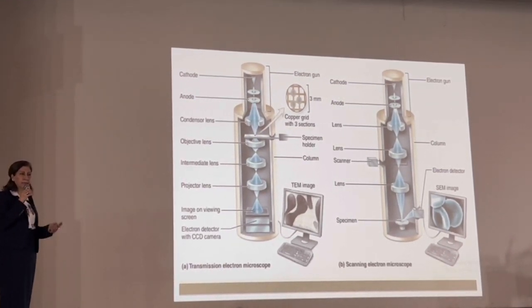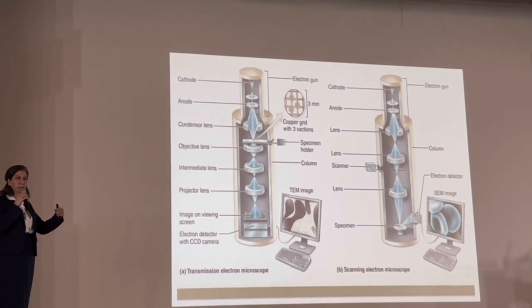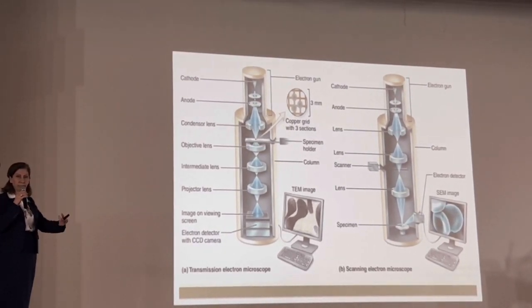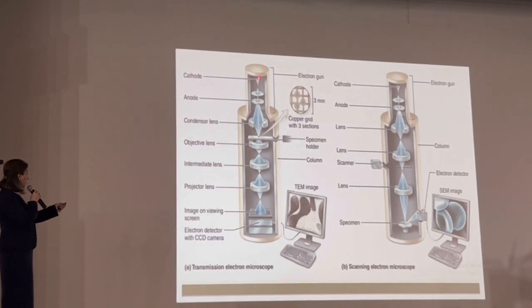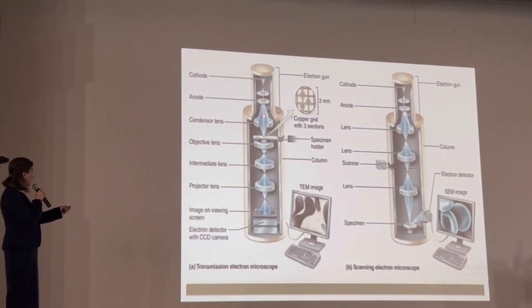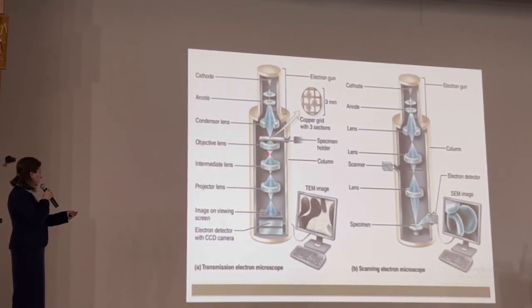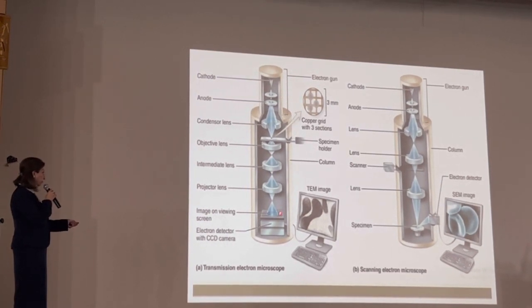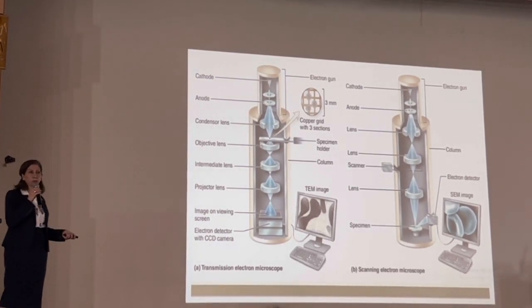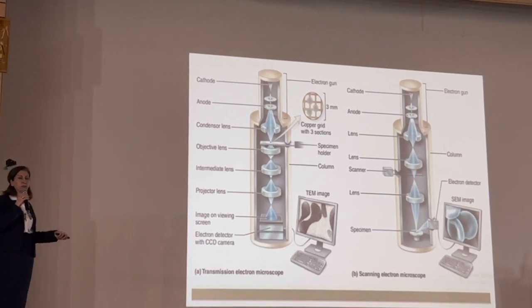They heat a tungsten filament, so after heating it will emit electrons. These electrons will pass between the anode and the cathode and through a group of lenses, and it will reach the subject of interest or the tissue of interest to illuminate it and to magnify it.